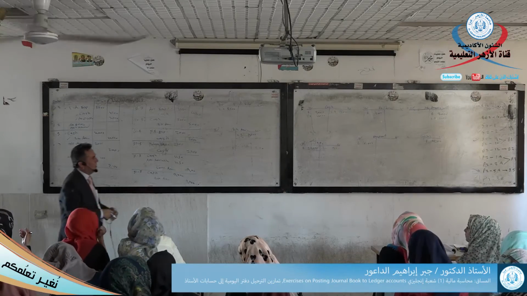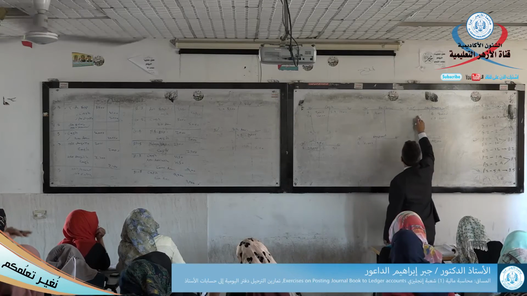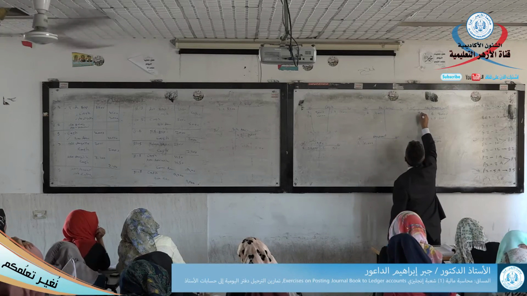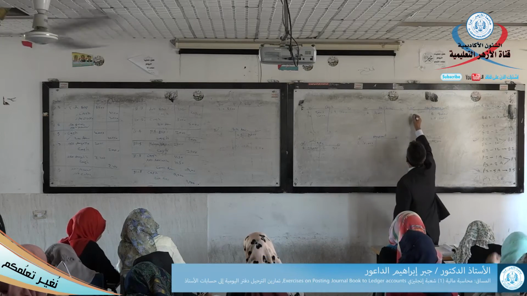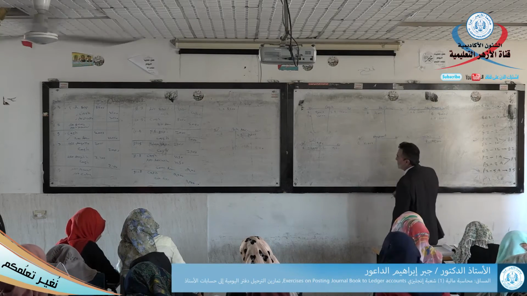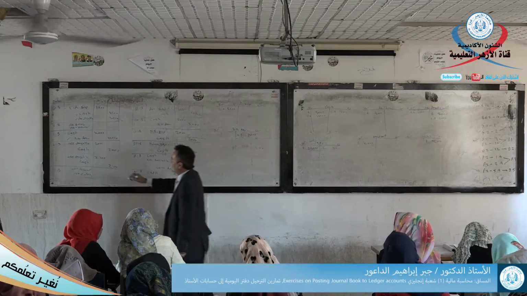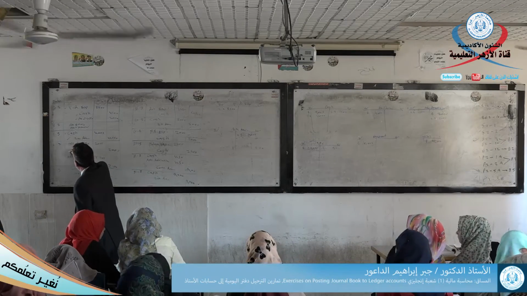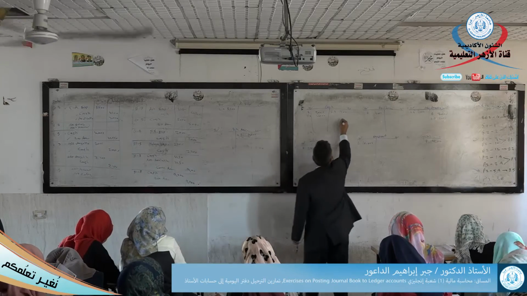Accounts payable, DR 2,000. Cash 2,000 at the credit side.